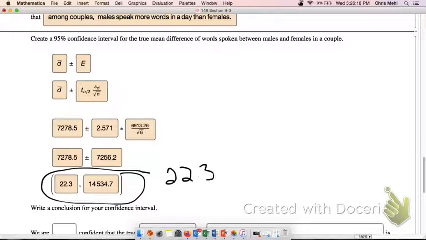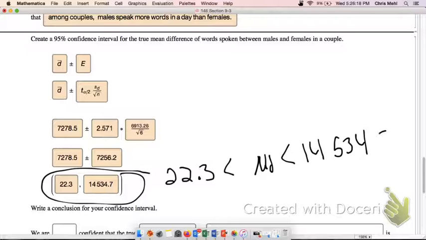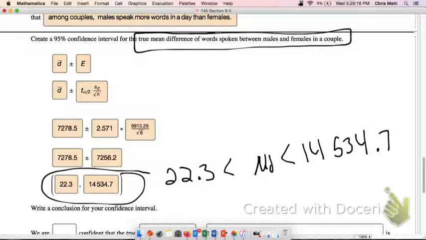The other way to write this is that the mean of the differences for the population, mu sub d, is between 22.3 and 14,534.7. The true mean difference of words spoken in a day between males and females is mu d, and we estimated it was between those two numbers.